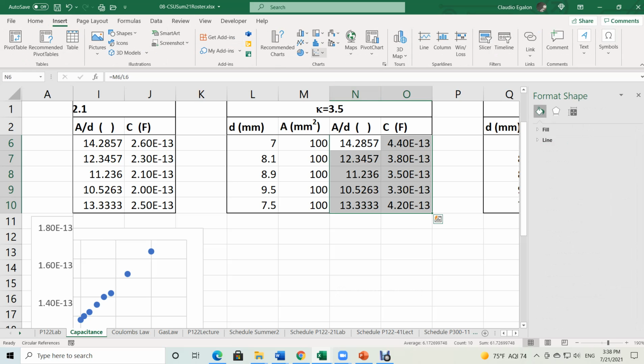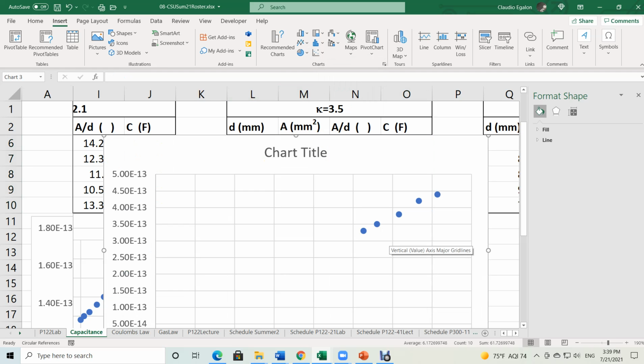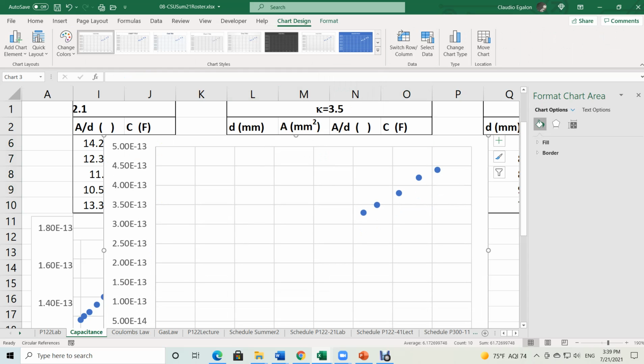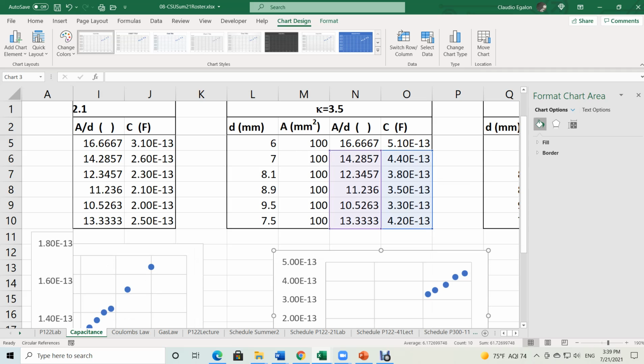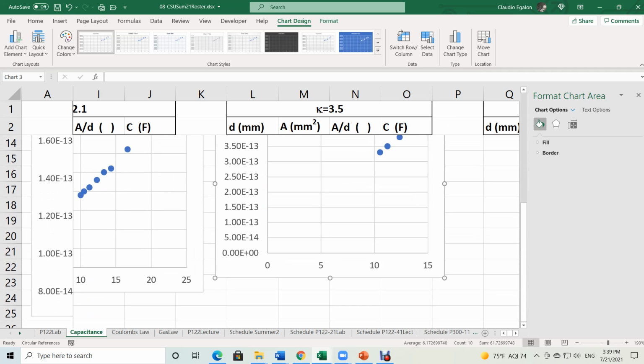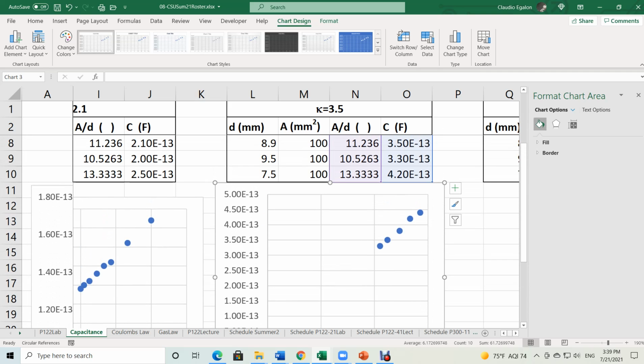Insert chart. I'm not going to adjust this graph. You do that on your own later on, okay? Otherwise, you're going to spend too much time doing that. But you gotta make sure that you optimize the space.